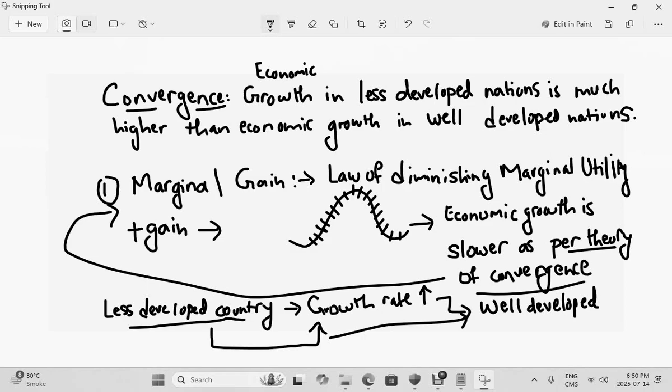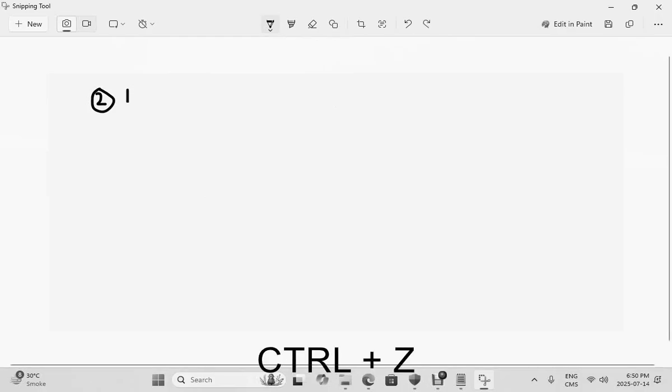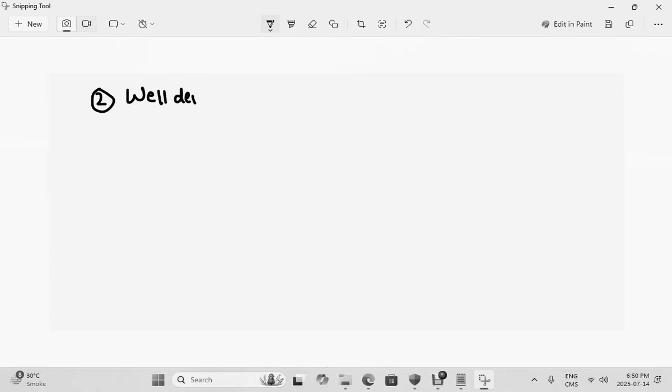All right. And the second factor, the second reason for convergence in economy, has to do with experience. Well-developed nations usually have more experience when it comes to economic growth.